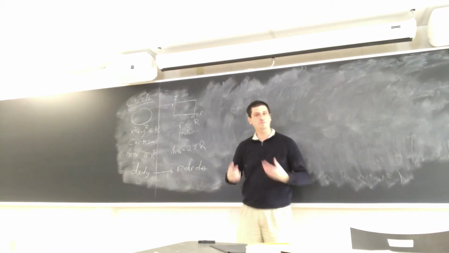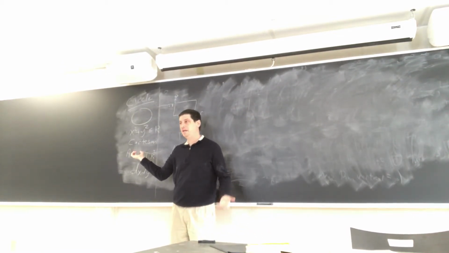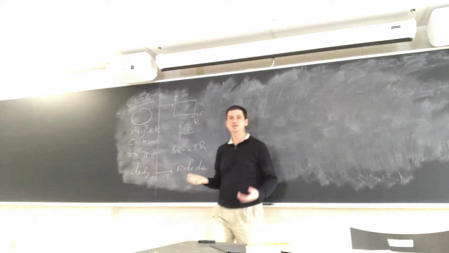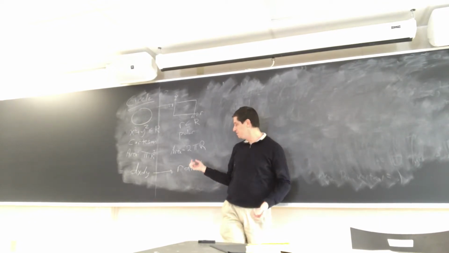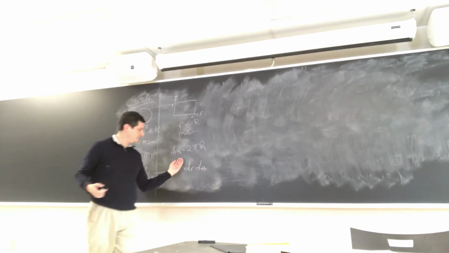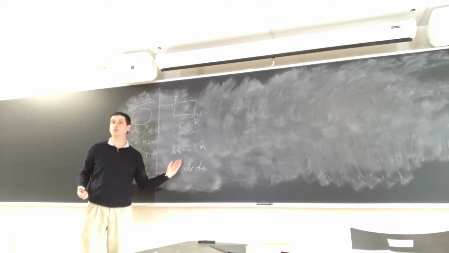Imagine x and y are in meters. Then your area is going to be meters squared. Makes sense. If x and y are in meters, what units will r have? Meters. Theta is unitless. If I just gave you a dr d theta, that would have units of length. I want an area. So dr d theta can't be the correct conversion factor.